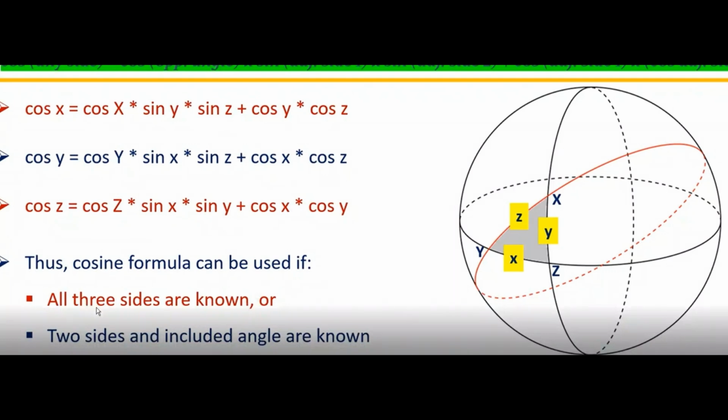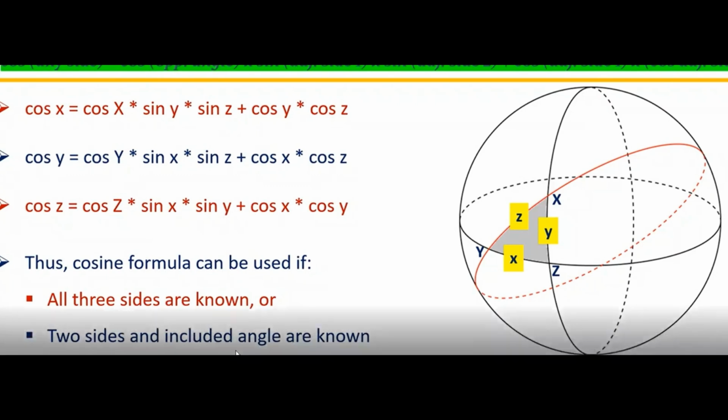Okay, now this is very important, beta. The two conditions where cosine formula can be used: number one is all the three sides should be known to you, or any two sides and the included angle should be known to you. So the important thing here is the angle should be the included angle.